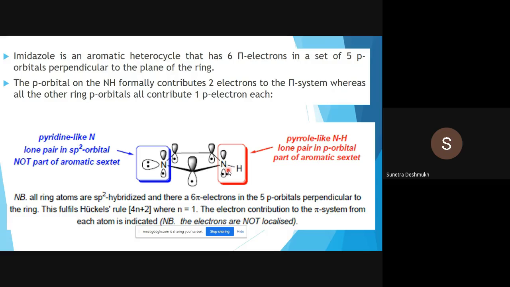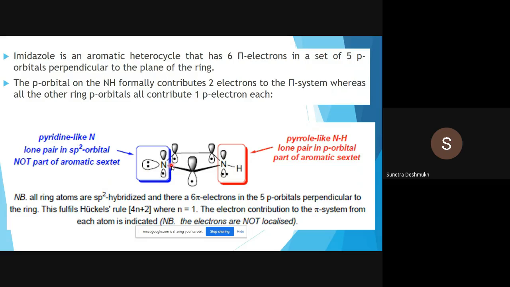On imidazole, the one nitrogen atom which is attached to the hydrogen atom is pyrrole like NH, and on that nitrogen atom, the lone pair is present in the p orbital, and this lone pair which is present on this NH takes part in the aromatic sextet. Okay, so the lone pair which is present on the pyrrole like nitrogen takes part in the aromatic sextet.